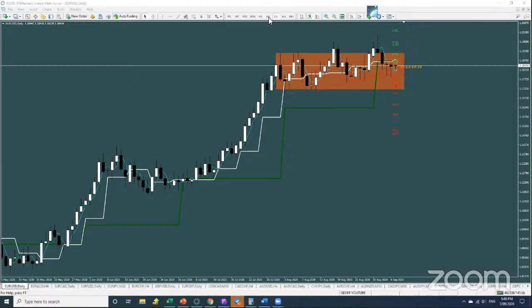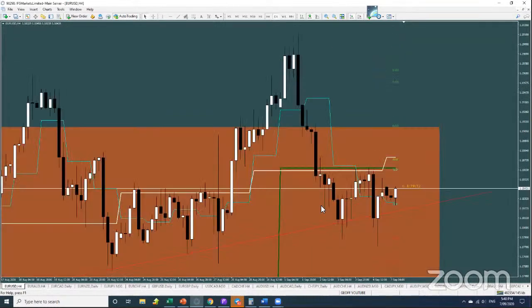So 4 hour is a little bit messy, but there's that daily trend line right there. And that actually doesn't look too dusty. And there may well be a lower high. May well, may not. It's a decent insurance bar, I've got to say.